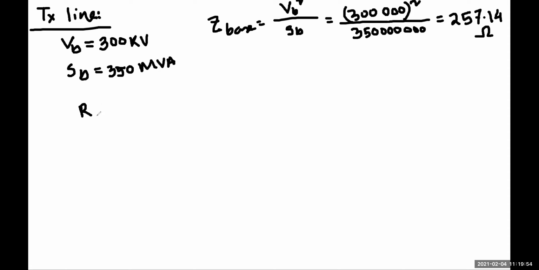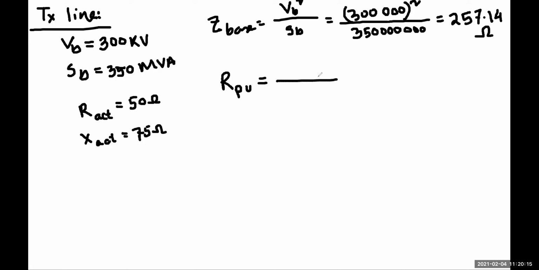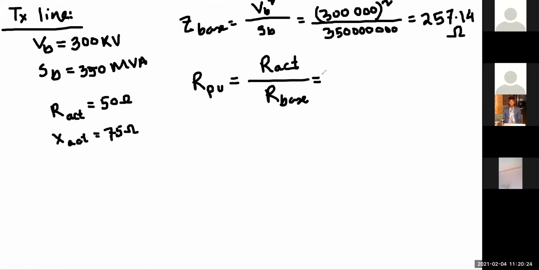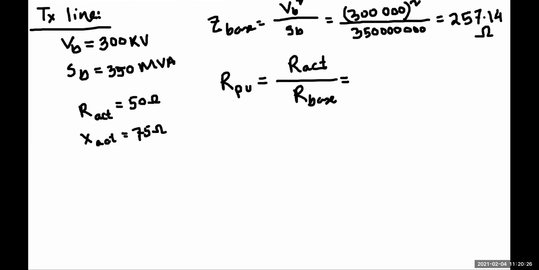Now what is your R actual? That is given. What is your X actual? That is given. So what is your RPU? Actual by base, right? Actual by base.